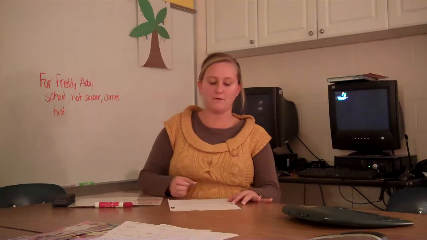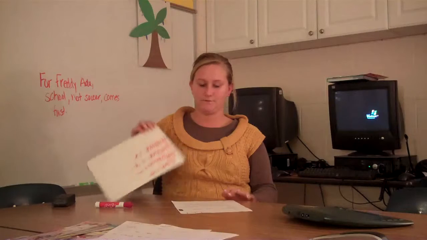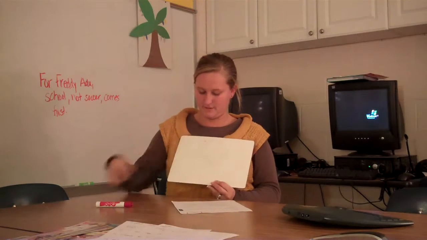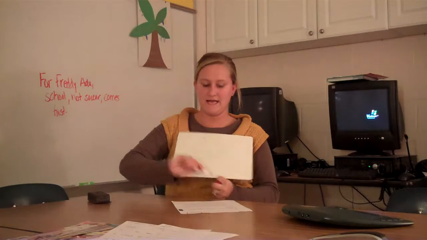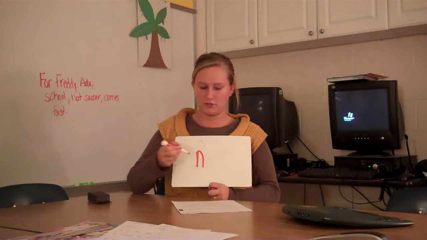If you flip the paper over, it says which shows this phrase, a number divided by 5, as an algebraic expression. Okay, so you have a number, we're going to call it n, and then you're doing what to that?